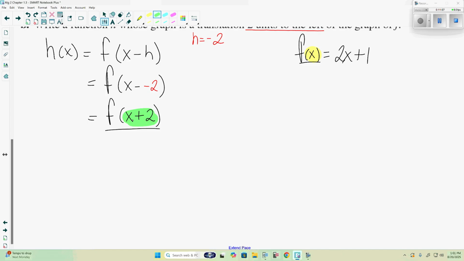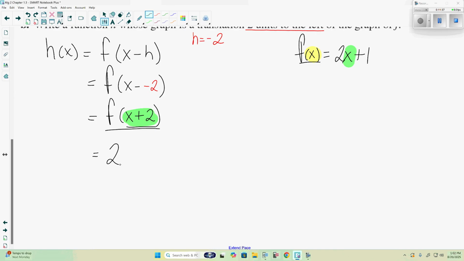I've replaced the x in the function we had to begin with with x plus 2, yes? So what are we going to do to this x here? We're going to put x plus 2 in place of it. So we start finding our new function. We have to replace that x with x plus 2 because we're not looking at the function f of x anymore. We're looking at the function of x plus 2.